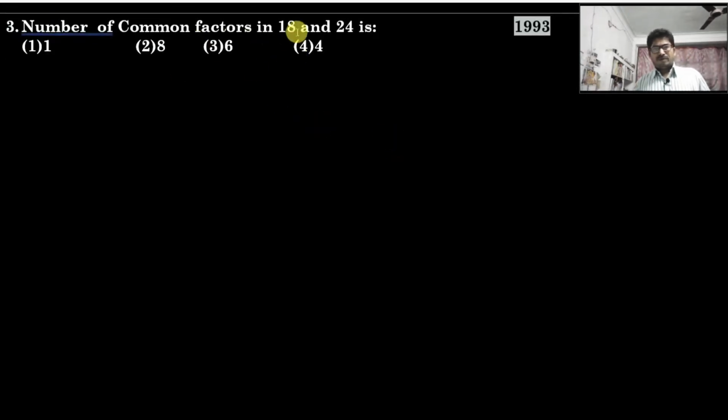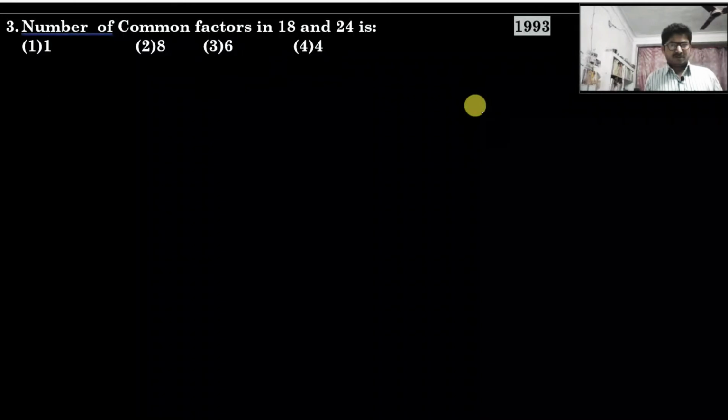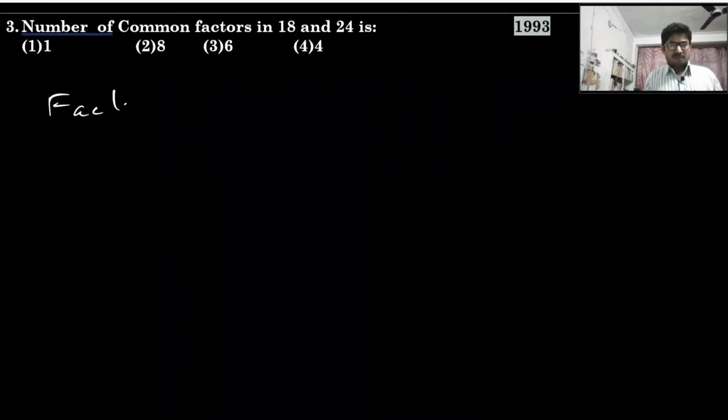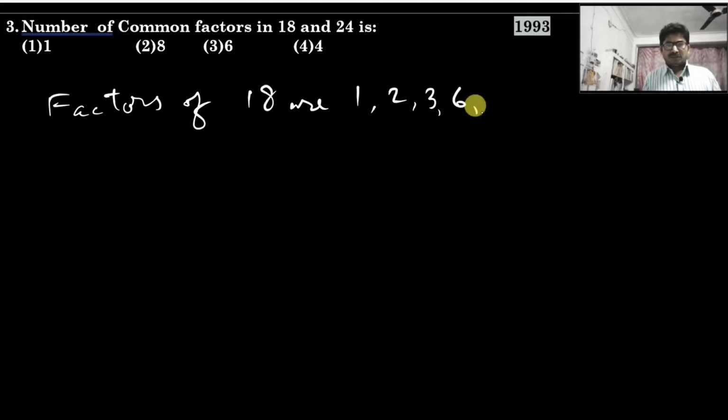Number of common factors in 18 and 24 is? We have to find common factors. Factors of 18 are 1, 2, 3, 6, 9, 18.